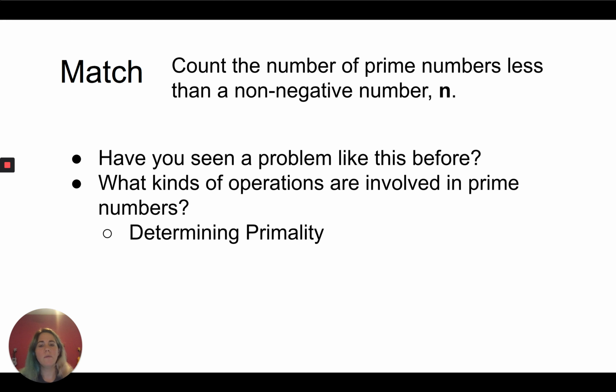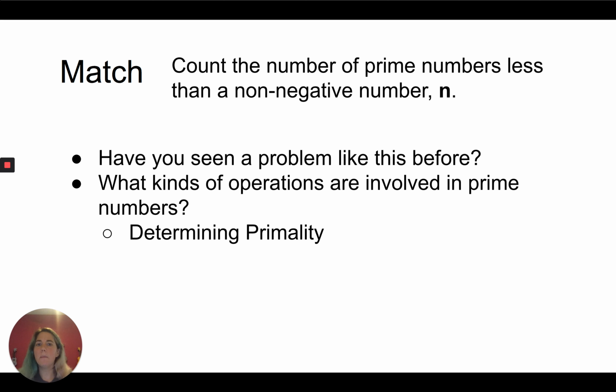If you don't remember, a number is prime if it's not divisible by any other number except 1 and itself. So what we need to do is think about, how do we know that a number is not divisible by a bunch of other numbers, right? A bunch of numbers less than itself. So that's like the key problem.